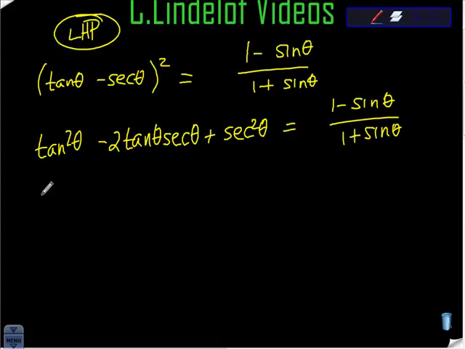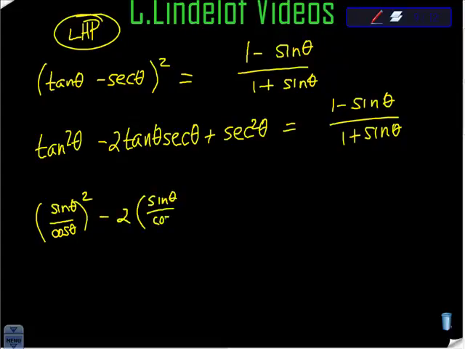I guess I'll convert this. Tan is sine over cosine, isn't it? So sine theta over cosine theta, quantity squared, minus 2 tan theta, which is sine theta over cosine theta, times 1 over cosine theta, because 1 over cosine theta is secant theta.